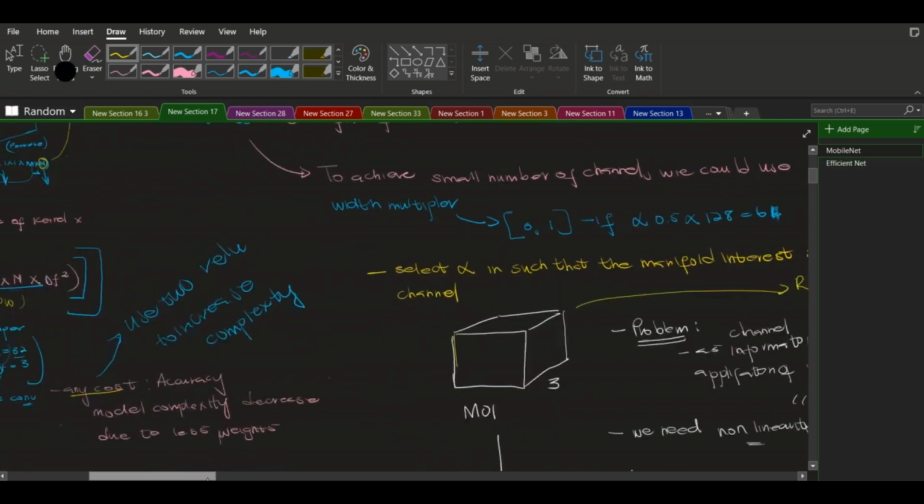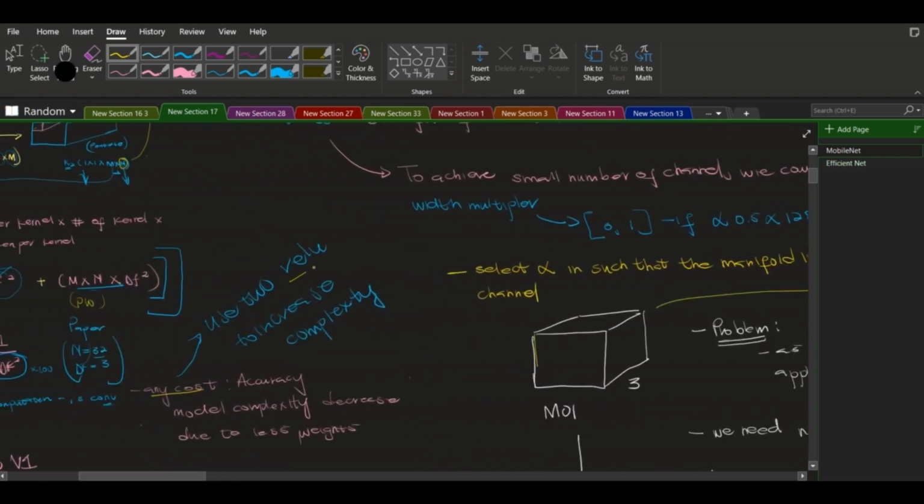So what the author did was to add 2 ReLUs to increase the complexity. By 2 ReLUs, I mean if you have conv, then batch norm, then a ReLU, then another conv, then a batch norm, then another ReLU. So why are they adding ReLU?